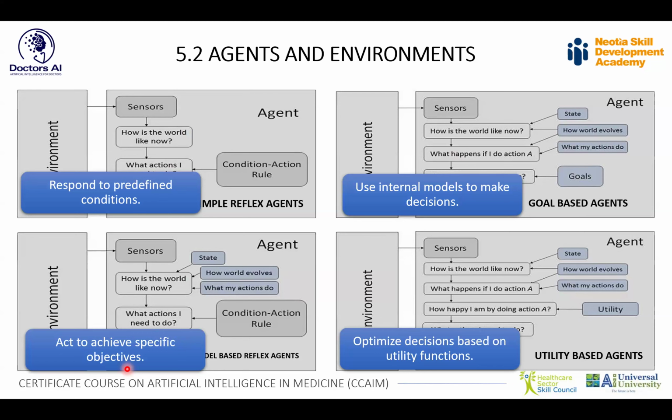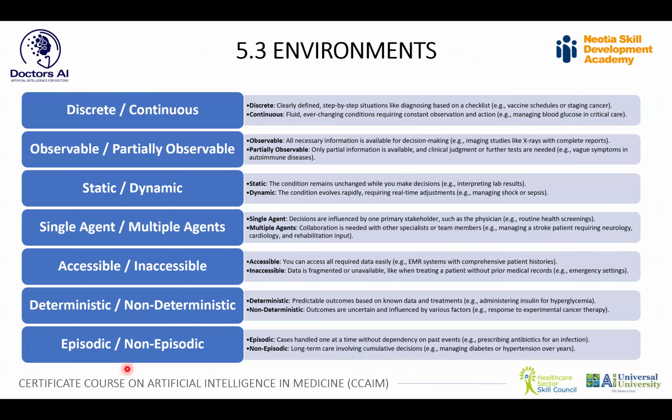So this agent and environment is very, very important because in the whole development of the AI models, especially the transformer models and the foundation models, you will find a lot of interactions happening between agents and environment. Now, what are the different types of environments that can exist?